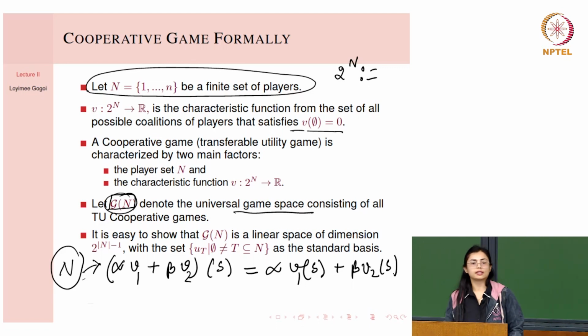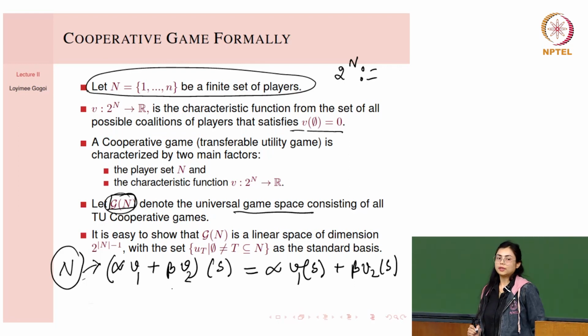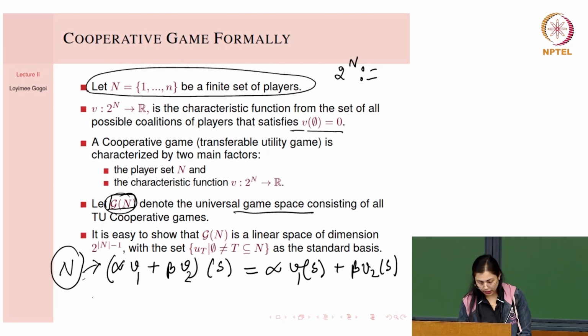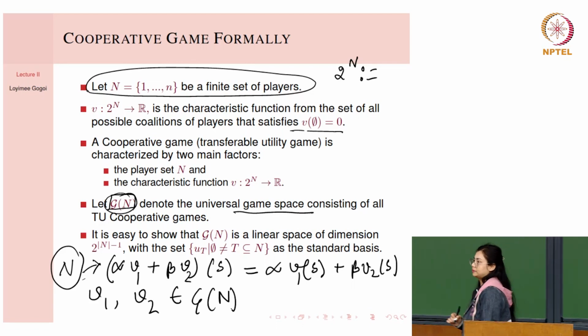Simply addition and scalar multiplication. Where alpha and beta are scalars and V1 and V2 are two different games. Okay?